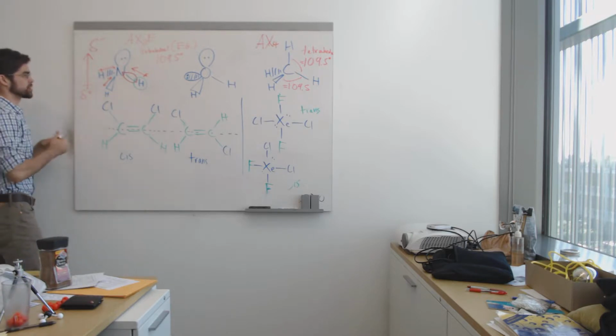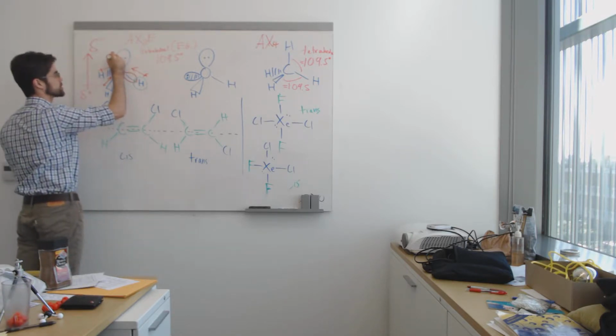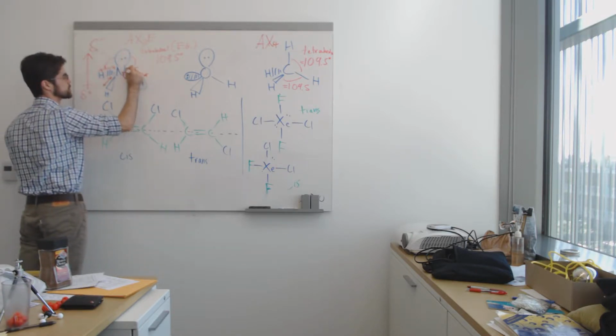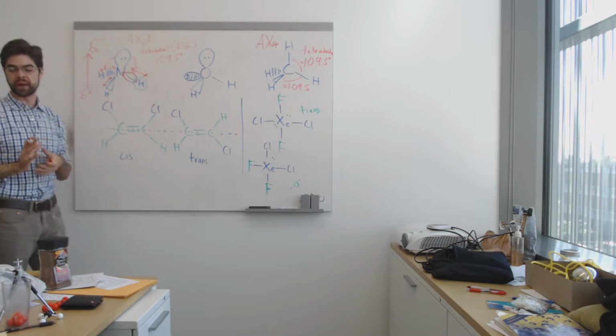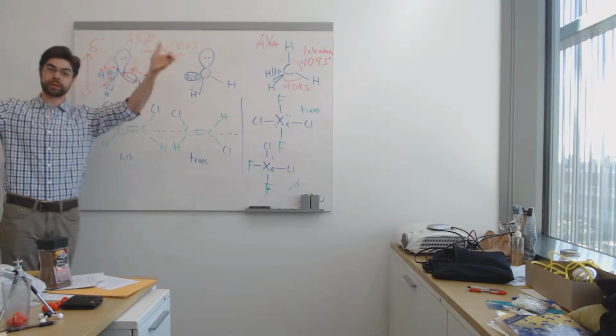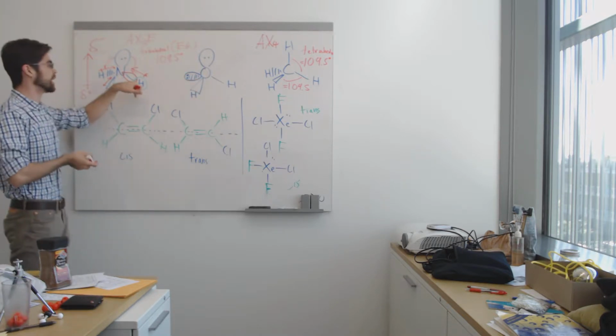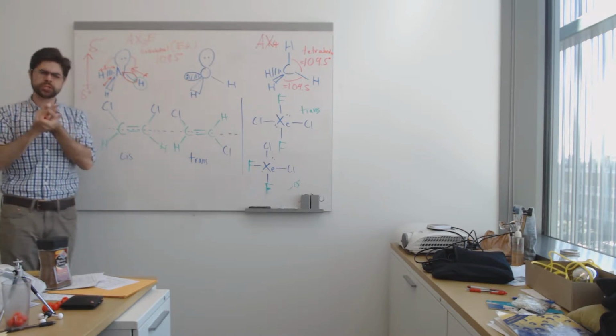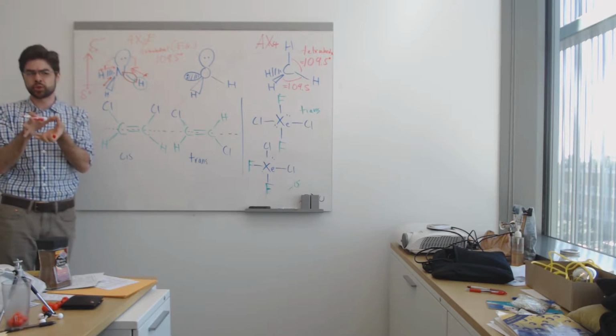But in this configuration, the lone pair pushes more than the bonding pairs. The lone pairs are just electrons. They take up a lot of space because they're trying to get far away from each other. The bonding pairs are somewhat compressed because they're being attracted towards nuclei.